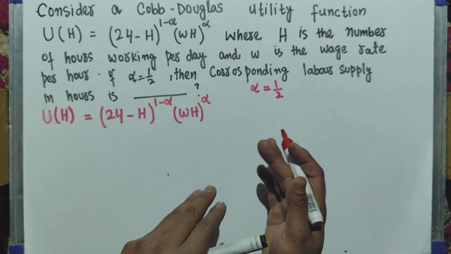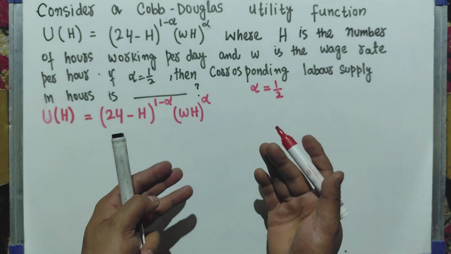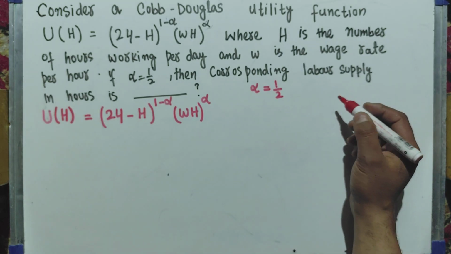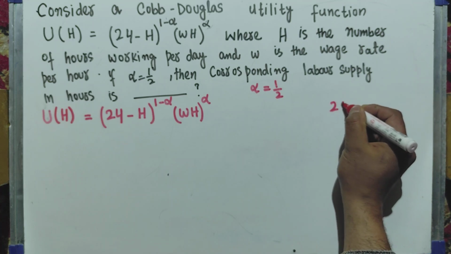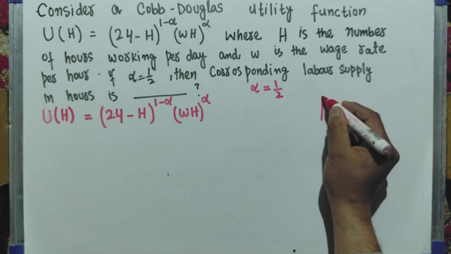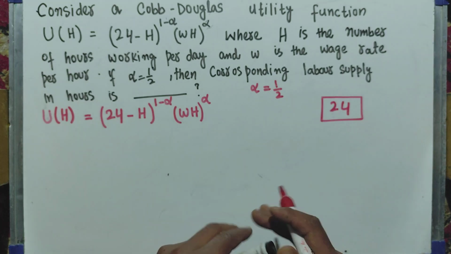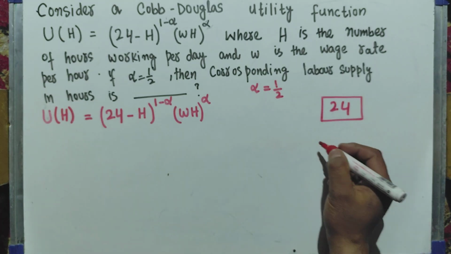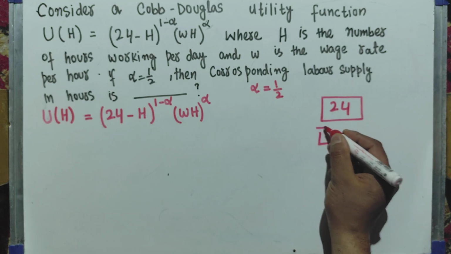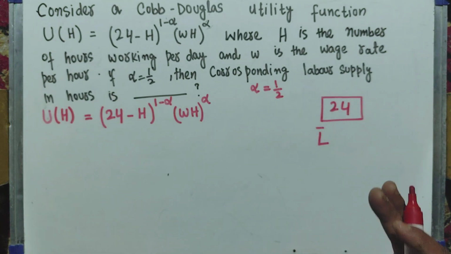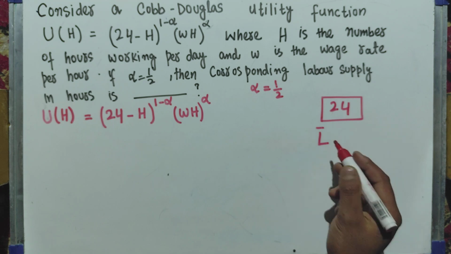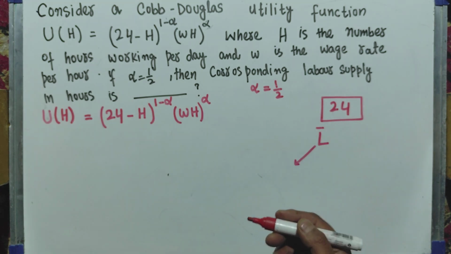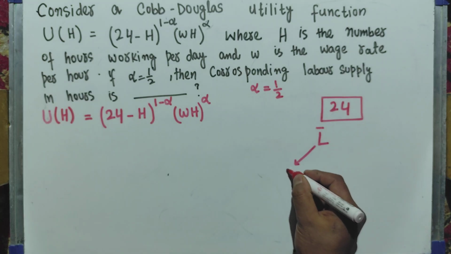Now for this person, how many hours are available in a day? The total endowment of hours is 24 hours. For any person, he is endowed with 24 hours. So let me denote it by L bar. L bar denotes the total number of hours available. Now this person can choose to work for h hours.